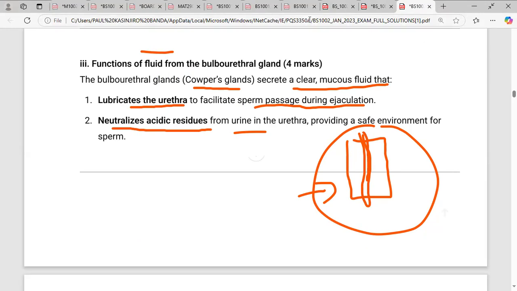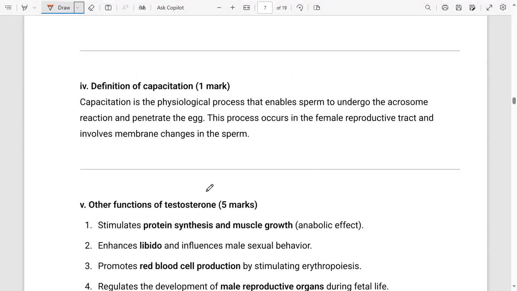Now capacitation in terms of sperms is defined as this: capacitation is the physiological process that enables sperm to undergo the acrosome reaction and penetrate the egg. This process occurs in the female reproductive tract and involves membrane changes in the sperm.